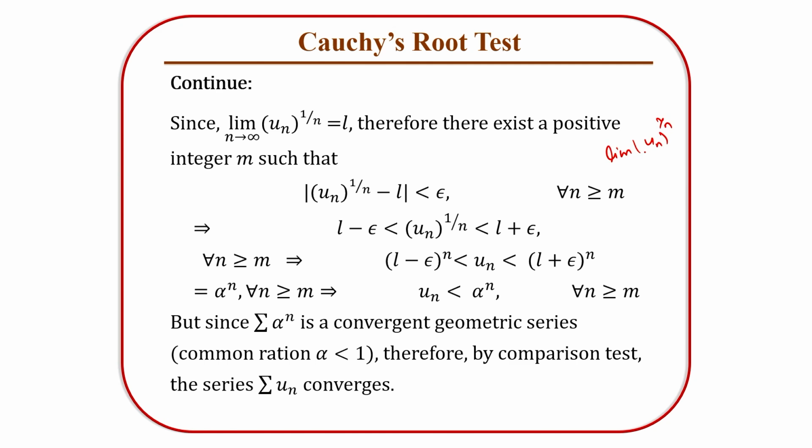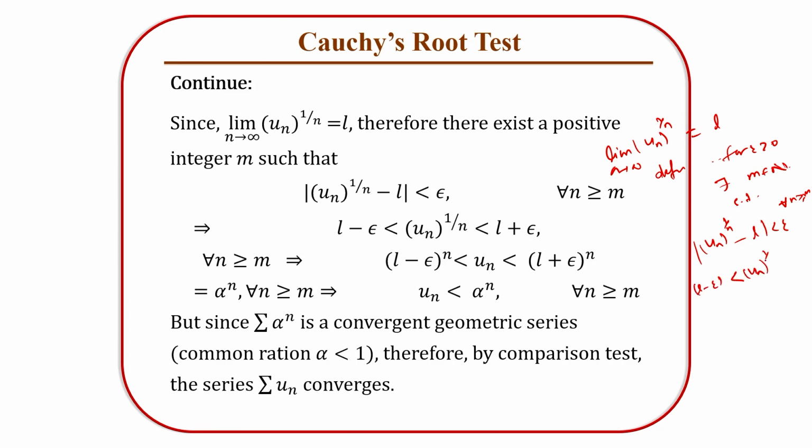The limit of un to the power 1 by n as n tends to infinity is equal to L. So, by the definition of this limit, for epsilon greater than 0, there exists a natural number m such that |un^(1/n) − L| is less than epsilon for every n greater than m.